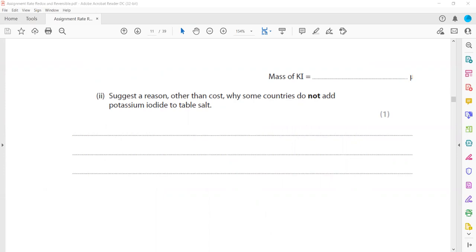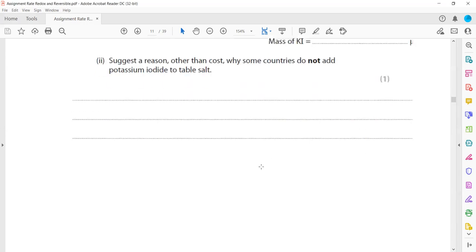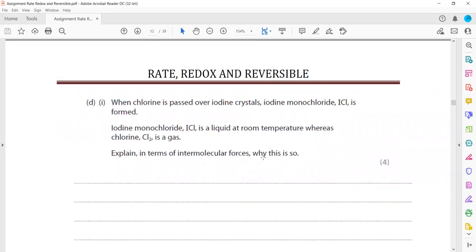Or when we add potassium iodide in the table salt, it is also providing potassium ions, and potassium ion is harmful. That can cause an increase in blood pressure. That's why some countries are not adding potassium iodide in the table salt.